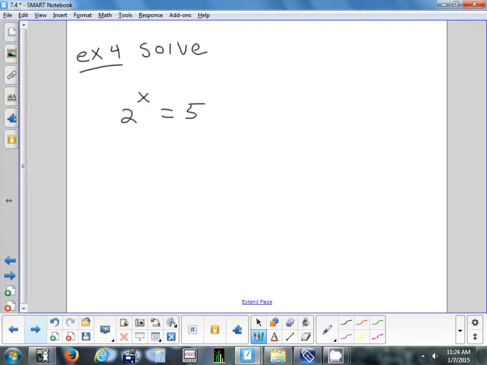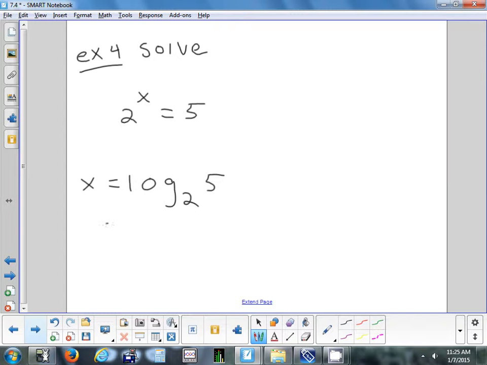Yeah? Change it to logarithm. Yeah, change it to log form. Can you tell me what it would be? Log base 2 of 5 equals x. Yes, good. That's the answer. Log base 2 of 5 equals x.